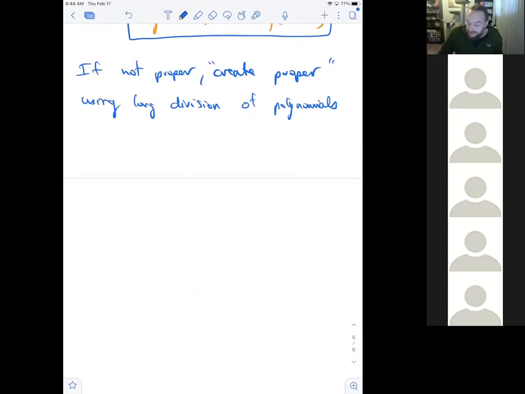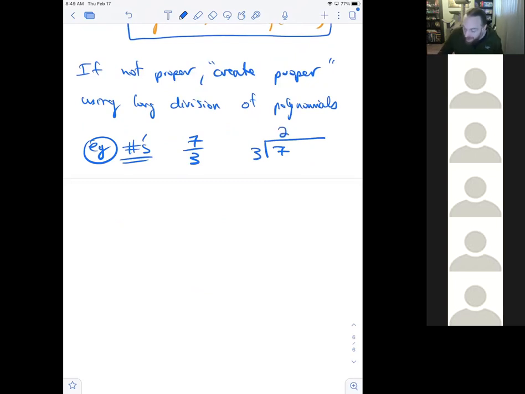So what do I mean by that? As an example, numbers first. If I have 7 over 3 and I want to know the integer part and the fractional part, you do long division and divide 3 into 7. This is the way I was trained to write it. I get a quotient and a remainder. What do I have to multiply?